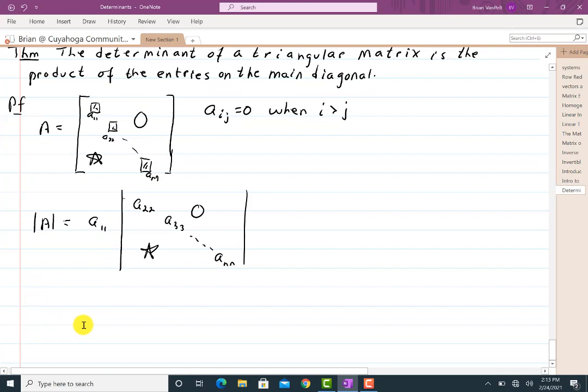Now moving on, I'm going to expand along the first row again, and I'll get A11 times, this time I'll have A22, which is positive because negative 1 to the 2 plus 2 is positive 1. So I'll get A22 times the determinant of a new matrix. Here it will be A33, A44, dot, dot, dot, ANN, 0 up here, star down there.